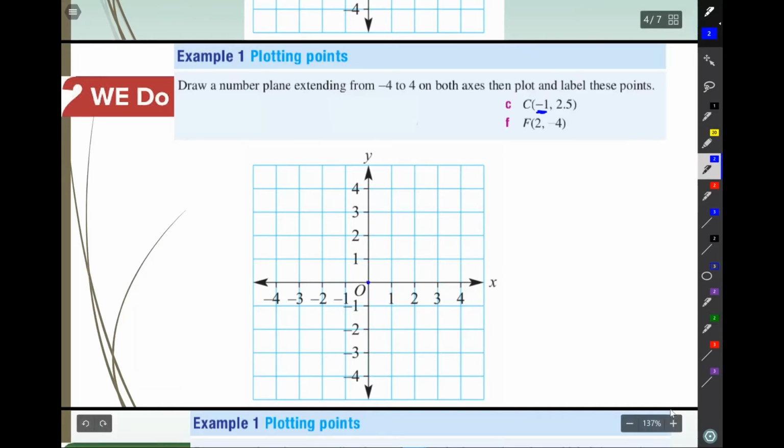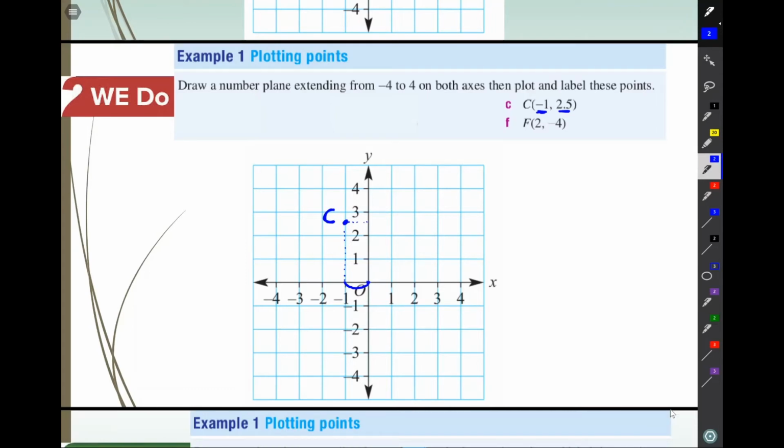That means we're going to start at the origin, and instead of crawling up numbers, we're going to crawl backwards to -1, and then we're going to climb to 2.5. 1, 2, and a half. So our point is going to be at -1 and 2.5 on the y-axis. That's going to be point C.